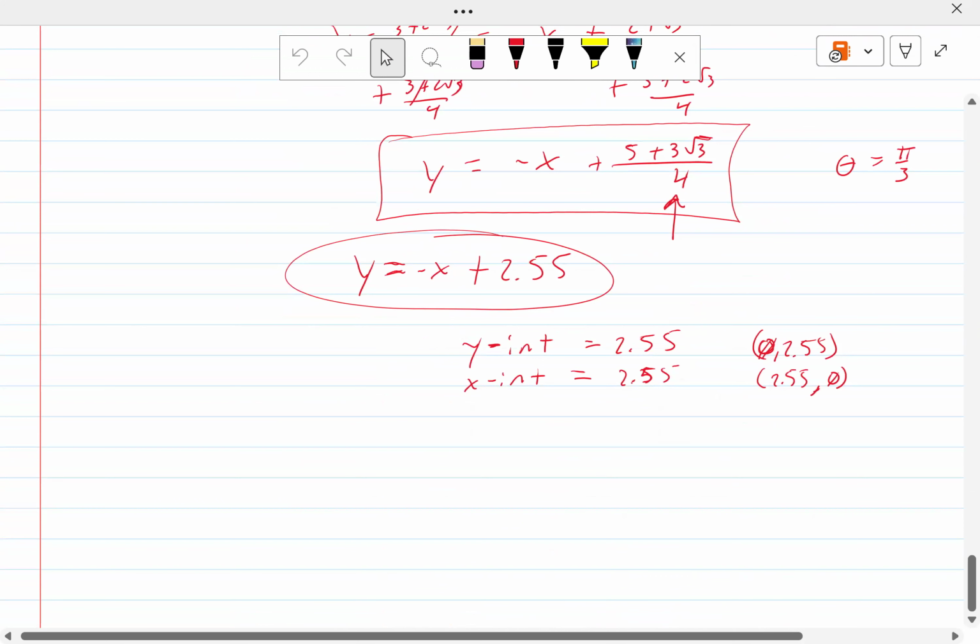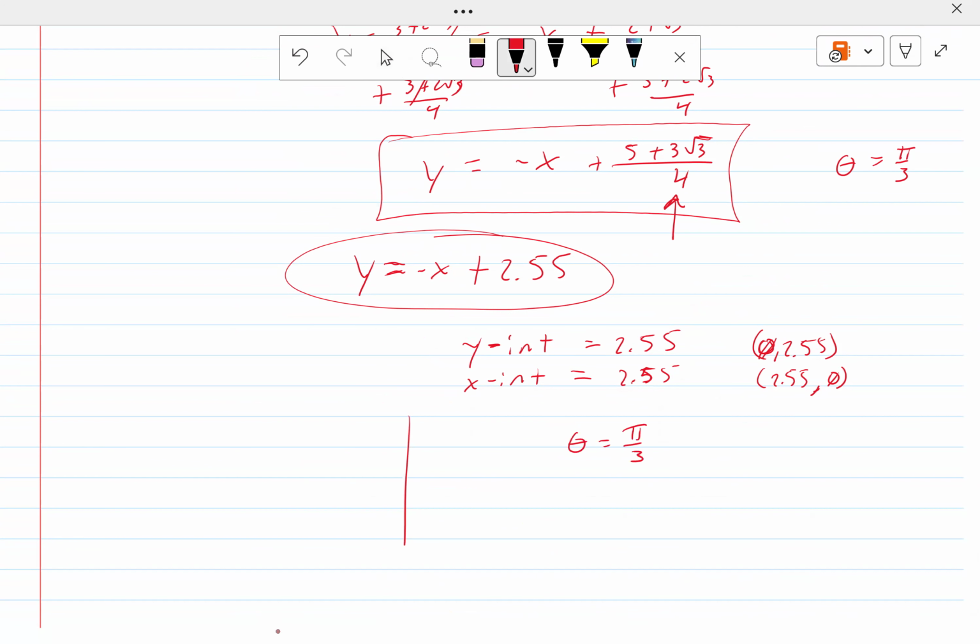I want to draw the line theta equals pi over 3. The problem is that Desmos doesn't understand theta equals pi over 3. It does, however, understand a line, and theta equals pi over 3 is going to be this angle pi over 3.